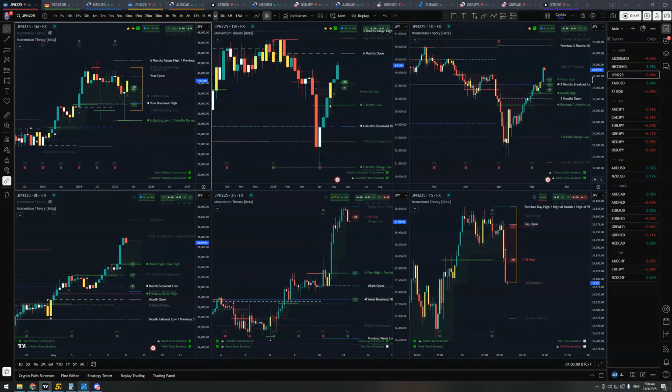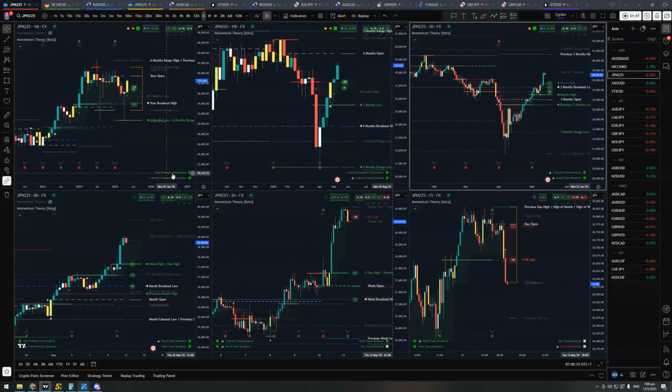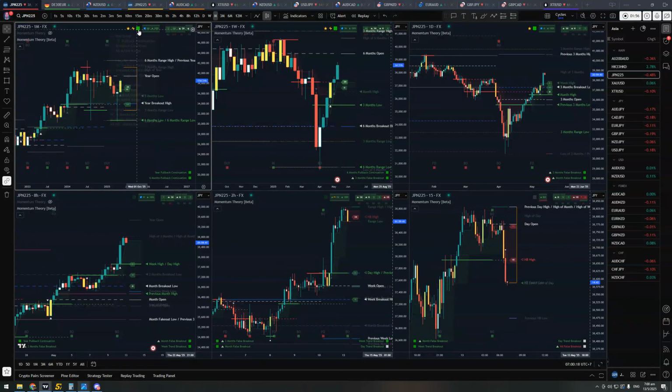So essentially, all I'm doing is I'm looking at this text, and if it's in a unidirectional cycle, the indicator lets me know that it's good to look at. And then there's a bunch of other criteria that I'm looking at, which I'll explain in the Whop in the next few days. And this just lets me know that I can use this monthly bar as my higher time frame bias.